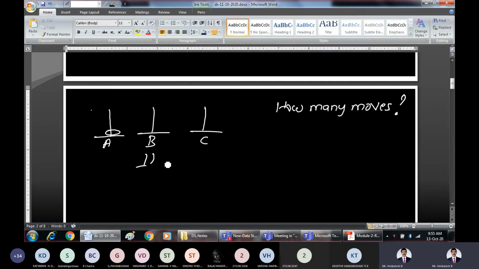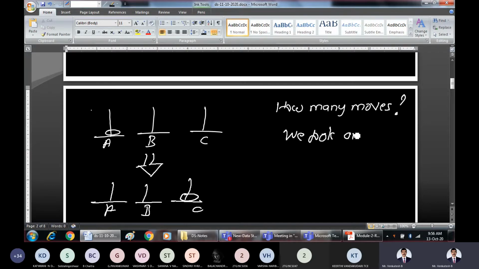So what happens here is, in this case, A, B and C. You can directly take this disk from A and move it to C. So how many moves did we take for this? We took only one move to move the disk from A to C. So this is our problem now.